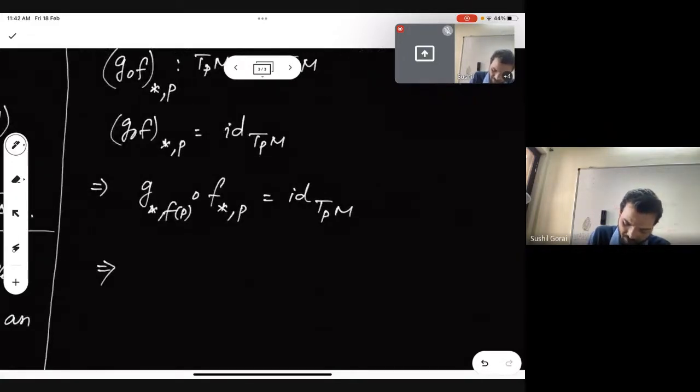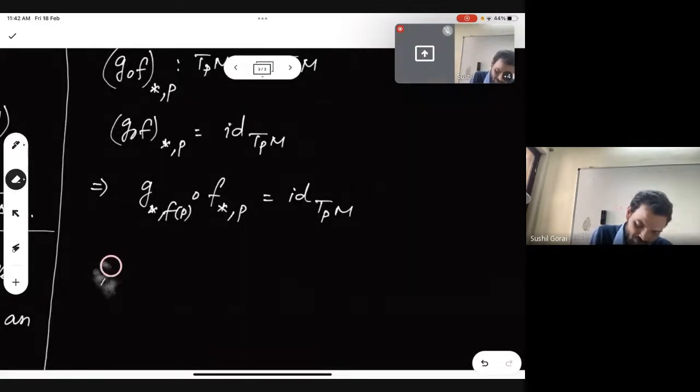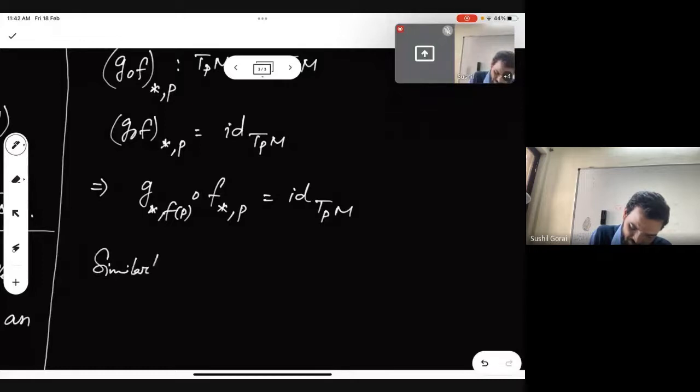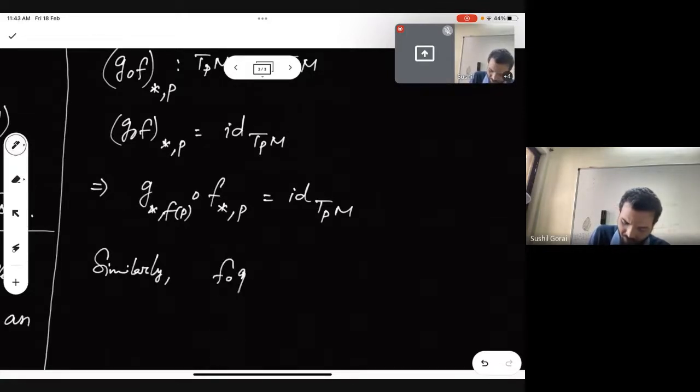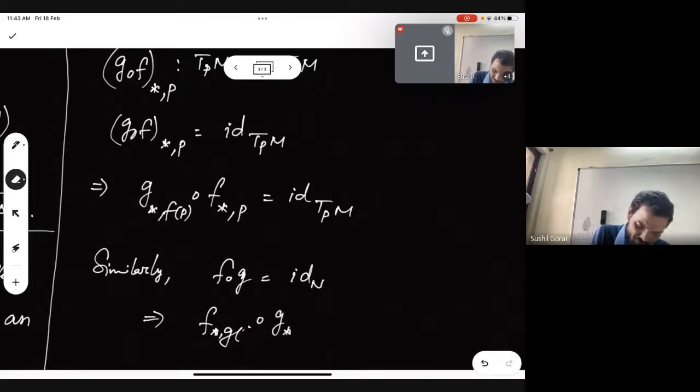This implies F star P has a left inverse. Similarly, F compose G is identity on N, so this would give you F star GQ compose G star Q equal to identity TQN, right?